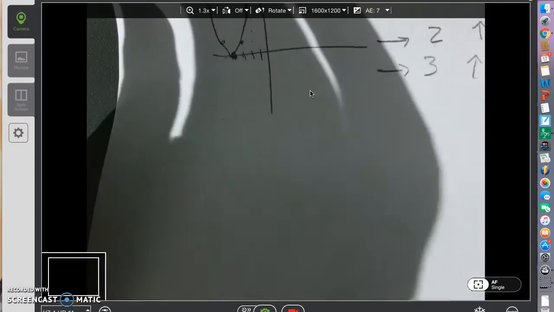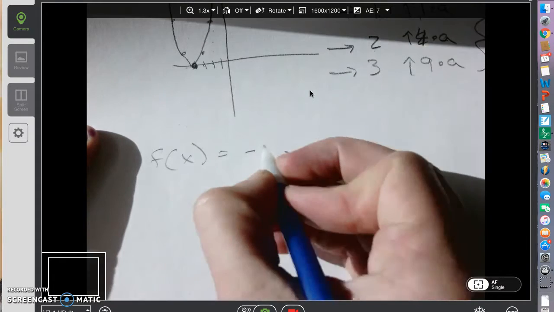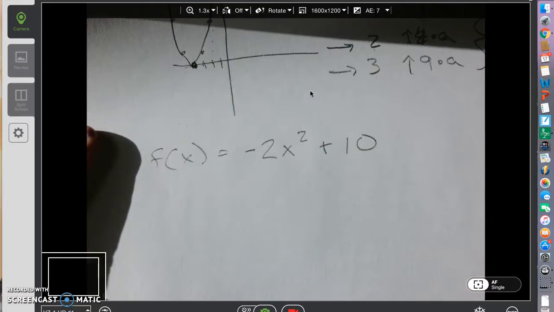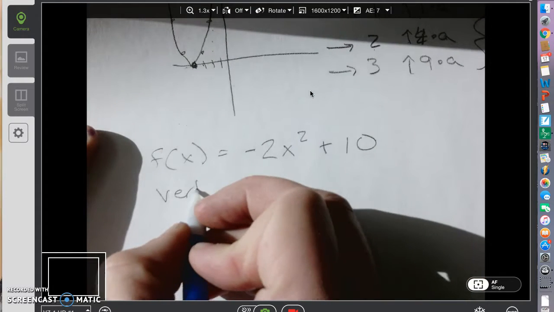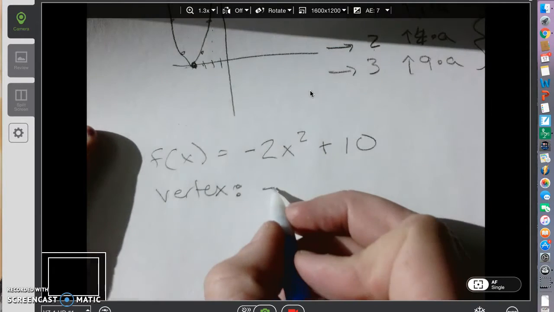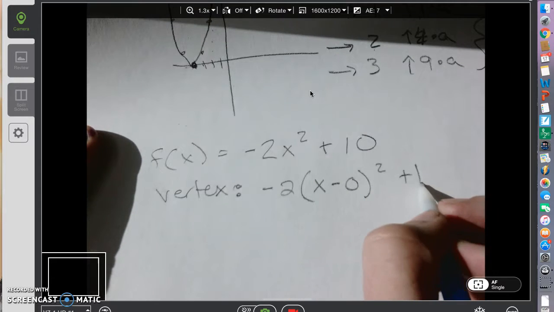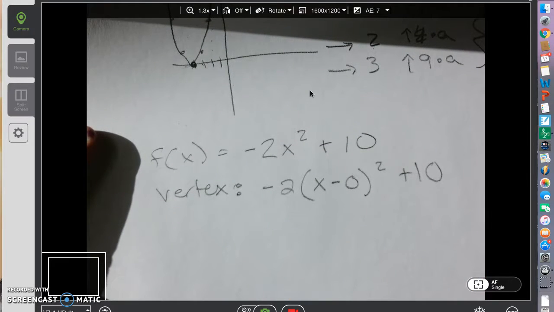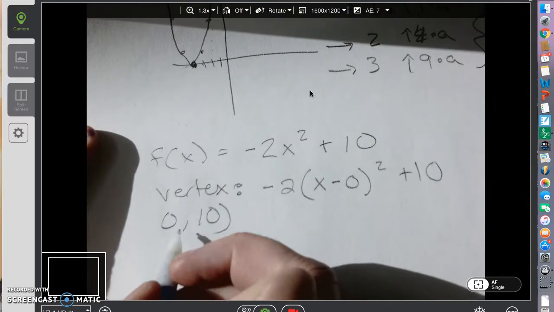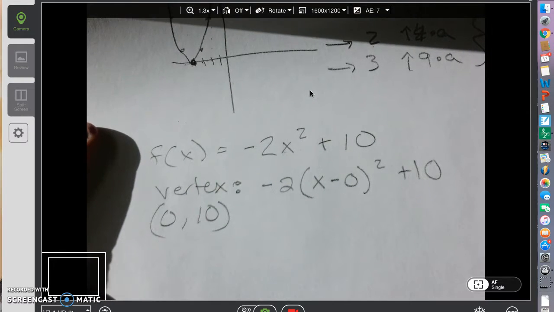If I gave you something like f of x equals negative 2x squared plus 10, this is the exact same thing as saying negative 2 times x minus 0 squared plus 10. So the vertex would be 0, 10, because there's nothing in parentheses next to the x, so it's 0.